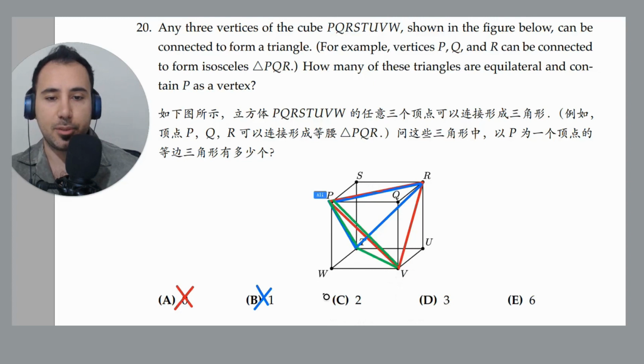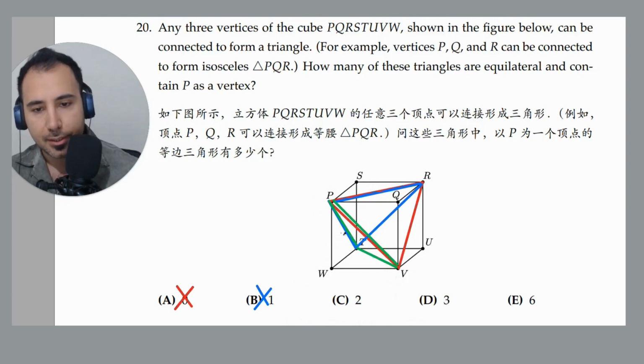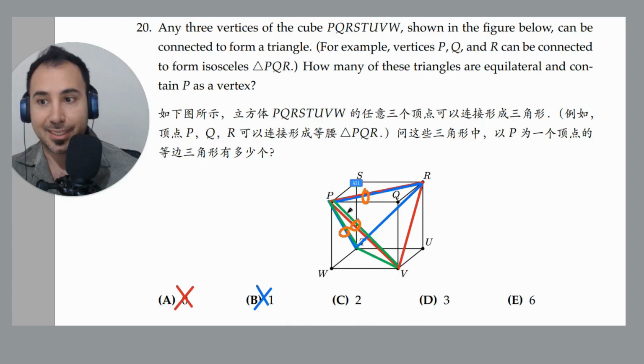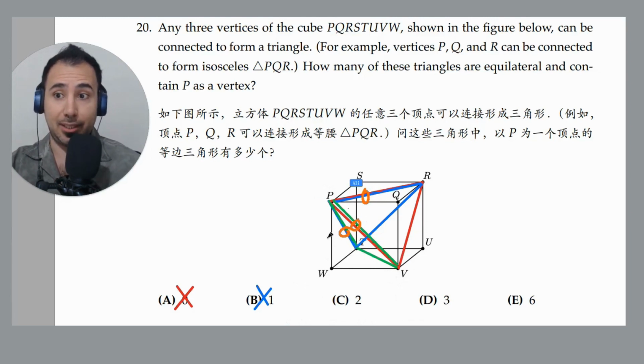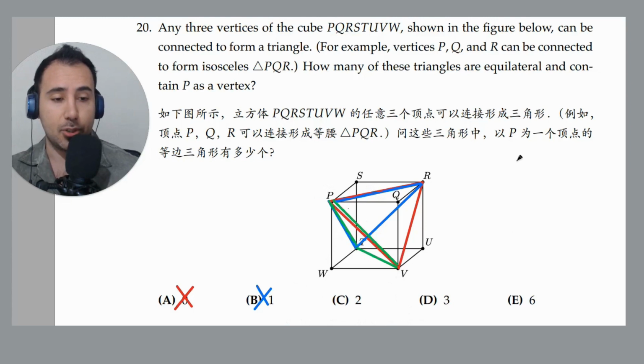Now if you check the lines going through P, the lines containing P, you see I have blue and green, green and red, red and blue. Now we say, okay, everything makes sense, like 2, 2, 2. This could be a possible value. And if you look for it, there are actually no more triangles to be drawn. So 6 will also not be the option. So we're going to go and choose D.